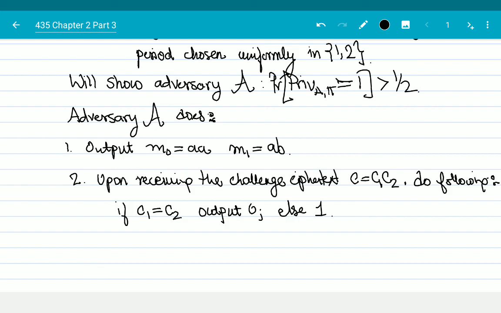The computation is very similar to the proof, but it's going to be slightly annoying.